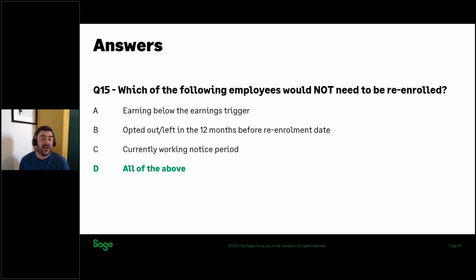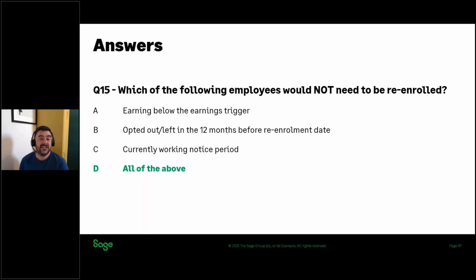If they're earning below the earnings trigger, they're not eligible, so they wouldn't be auto-enrolled in any case. If they did opt out or leave in the 12 months before the re-enrollment date, so if they've recently come out of the pension, they don't have to be re-enrolled, but they can be. So you've got the choice to exclude them as the employer. And the same goes for employees who are working their notice period.